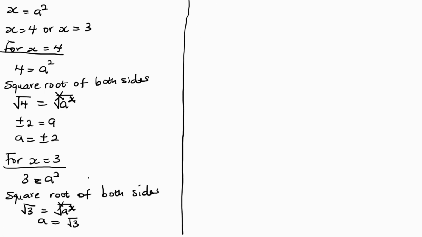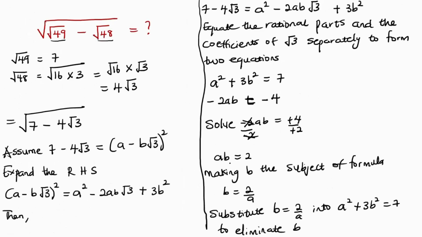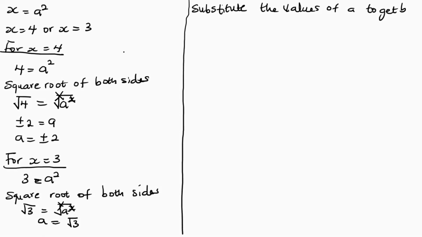Now in order for us to get the values for b, all we want to do is to simply substitute the values of a. So substitute the values of a to get b, and we want to make use of this equation right here that says ab is equal to 2. So for a equals plus 2 or minus 2, we have that for plus 2, this is going to become 2b is equal to 2, which implies that b is equal to 2 over 2.